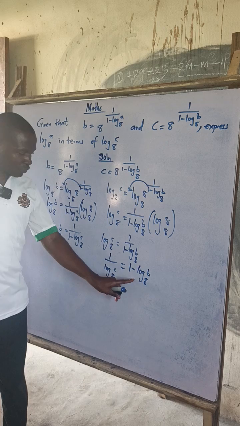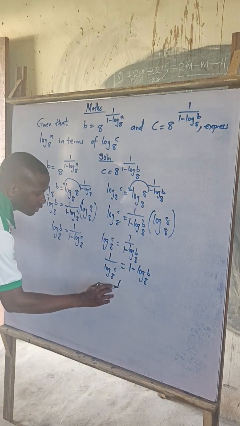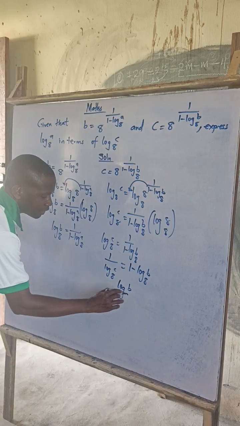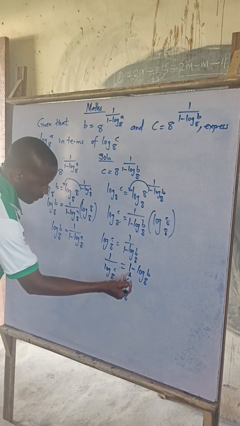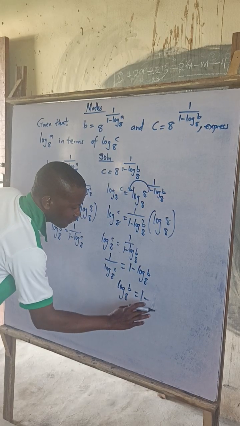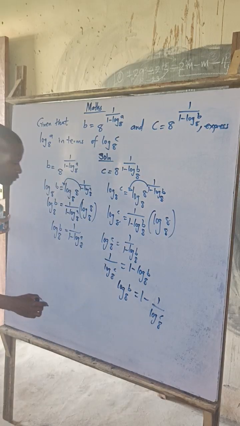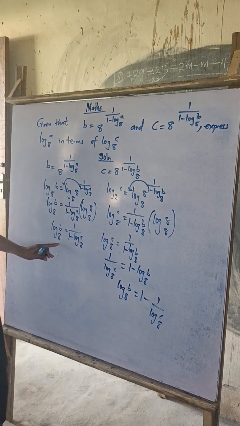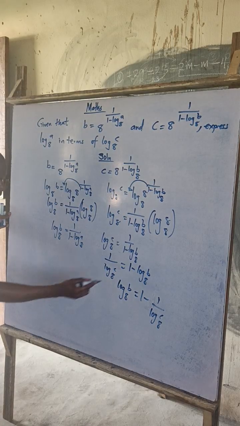So this is what we have now. Then making log b to base 8 the subject, the minus changes to plus, and we have log b to base 8 equals 1 minus 1 over log c to base 8.